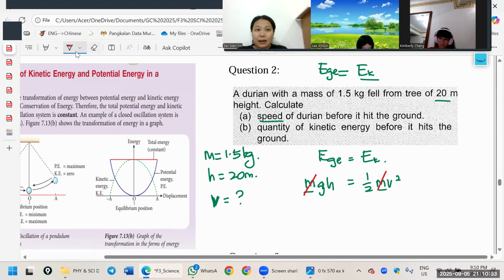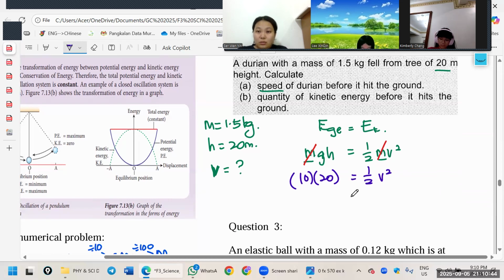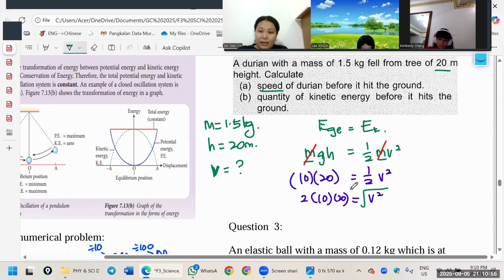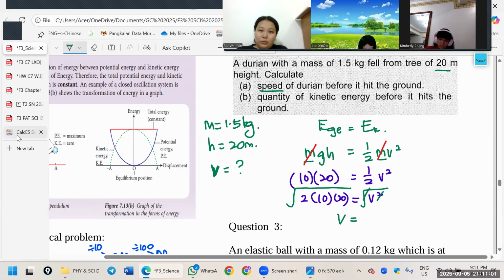Okay? So G is 10, H is 20, half v squared. So we'll get 2 times 10 times 20 equals v squared. Then square root right, square root left. You will get, right, what you will get.